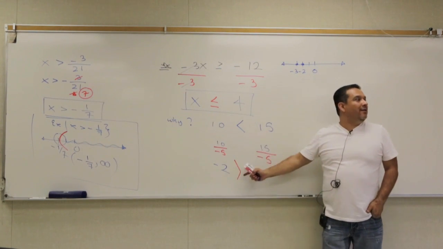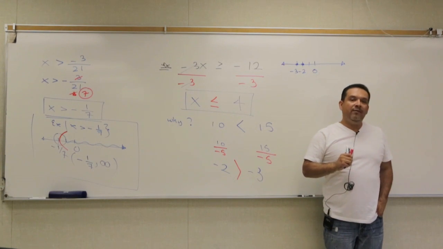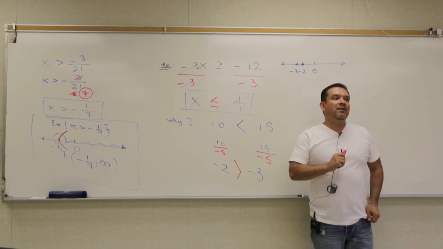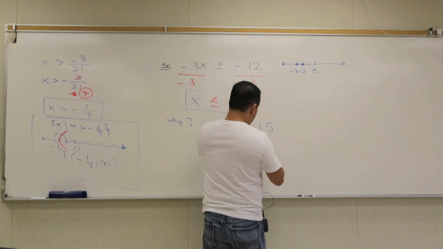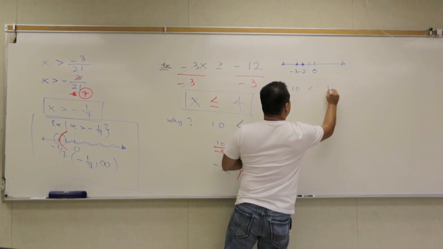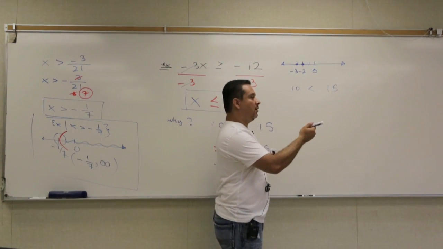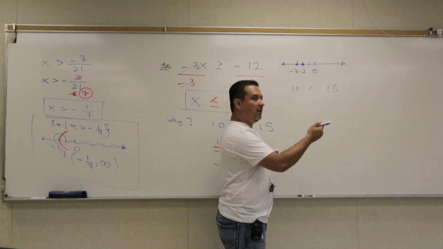So when you divide by a negative, what happens to the inequality? It changes direction. Notice this also. What if I said to you, you already know 10 is smaller than 15. Give me another number. 13.